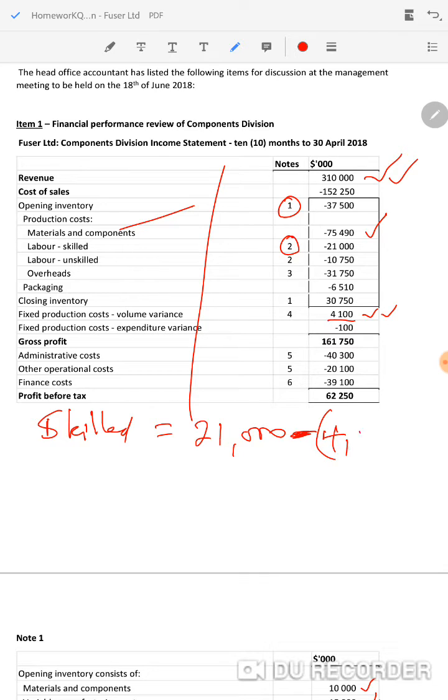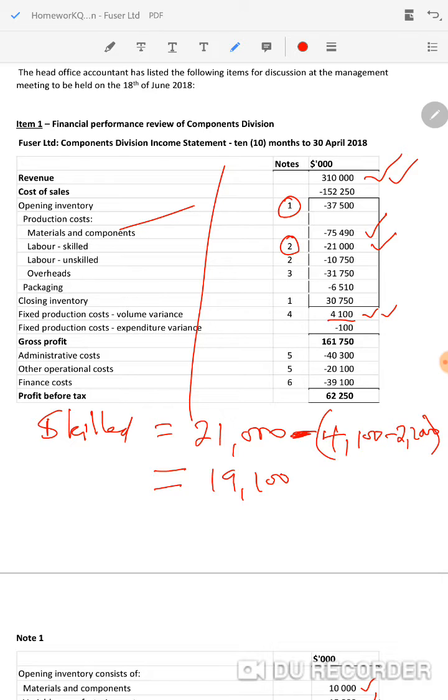So 4.1 minus the 2.2, which relates to the production overheads, so that we get the skilled labor costs which were actually incurred, which gives us 19.1. So principle, you needed to know the principles behind absorption costing and volume variance, how they work. So I hope all of you were able to get this one in your income statement.